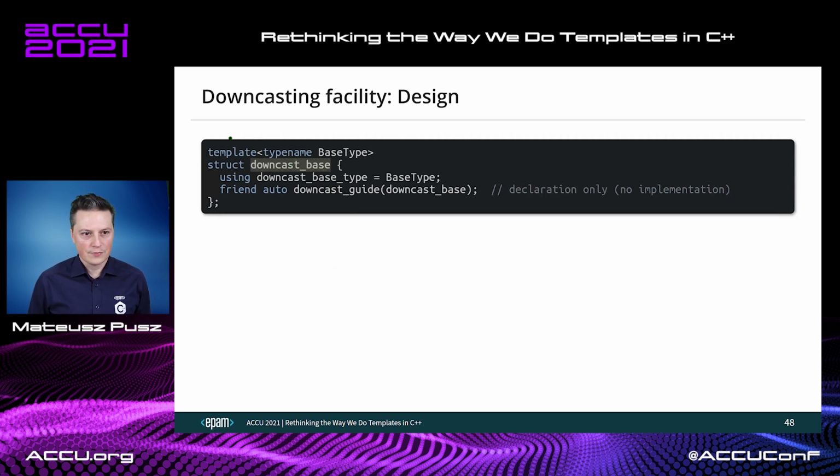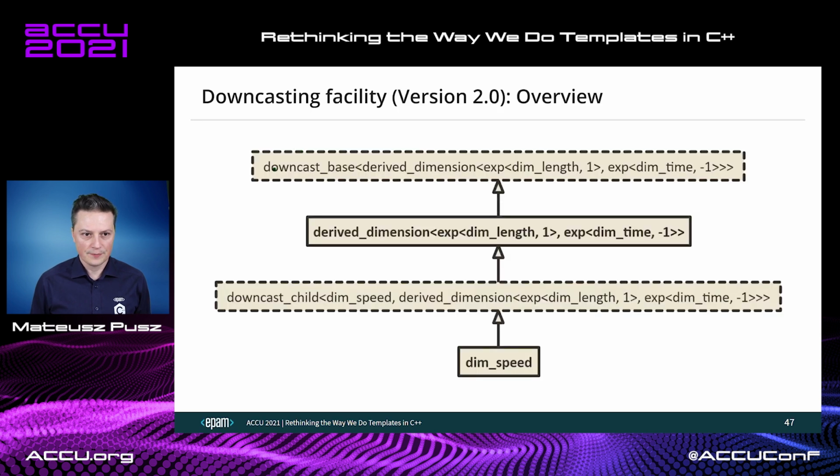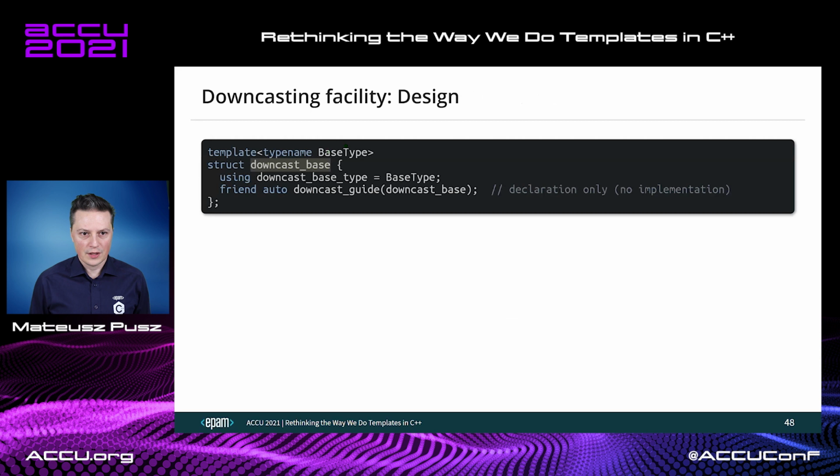How does it work? First, we have downcast base. So this class takes a base type, returns a downcast base type here, and also declares a function called downcast guide that takes this type, downcast base, as an argument, so it can be found with ADL.